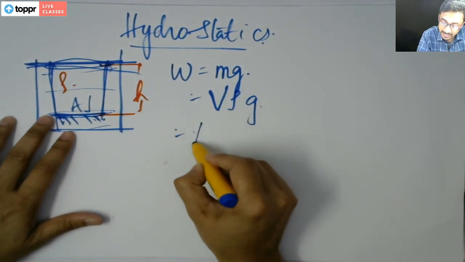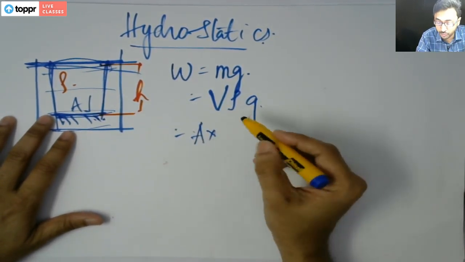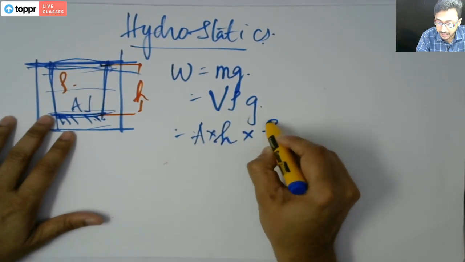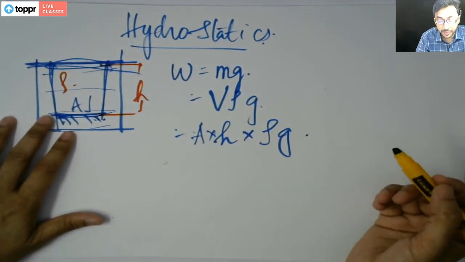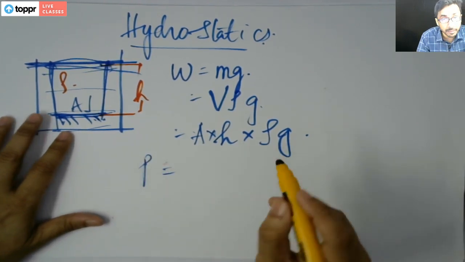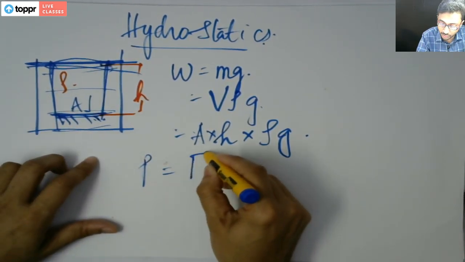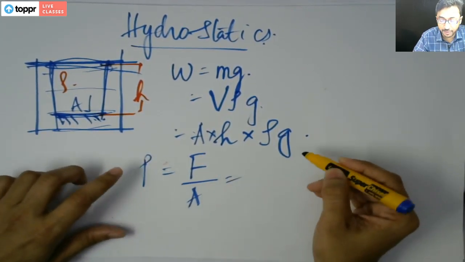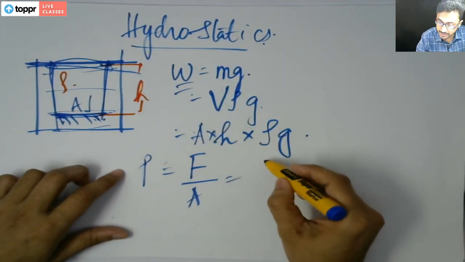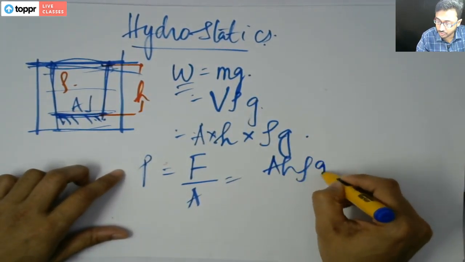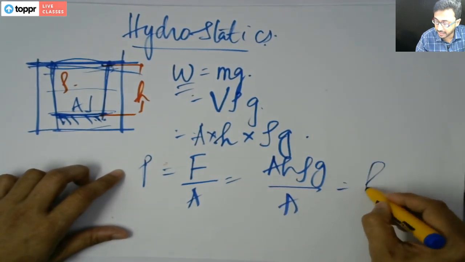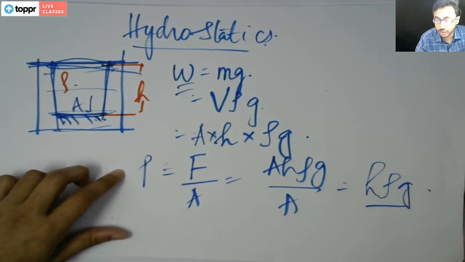It is the cross-section area A, as uniform cross-section, into height. So weight is A h rho g. Now, pressure is force per unit area, force here is weight, that is A h rho g divided by A, that is h rho g.